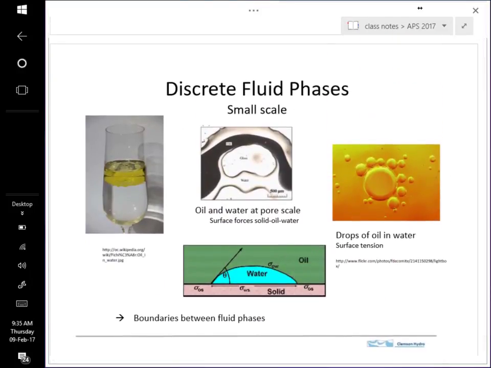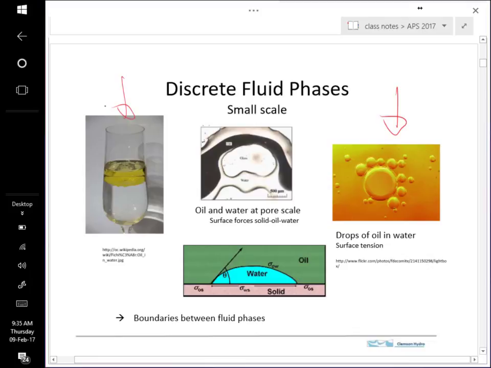And let's just see a couple of examples of what we're talking about here. So here's small scale, two distinct fluid phases. And so here's the picture of oil droplets in water.